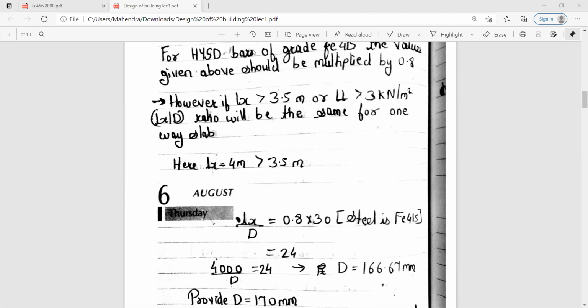When we take the sum for FE 500, I will let you know. The next sum is for FE 500 only.